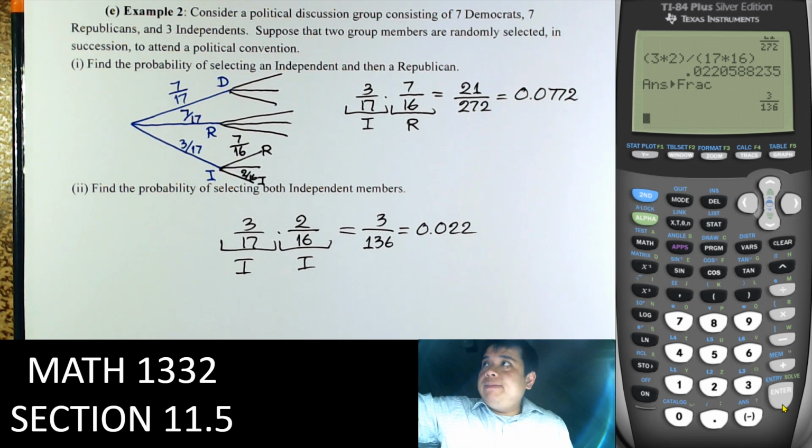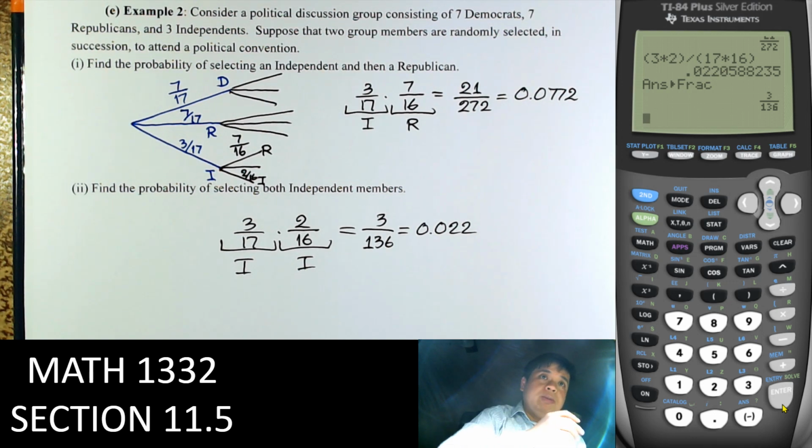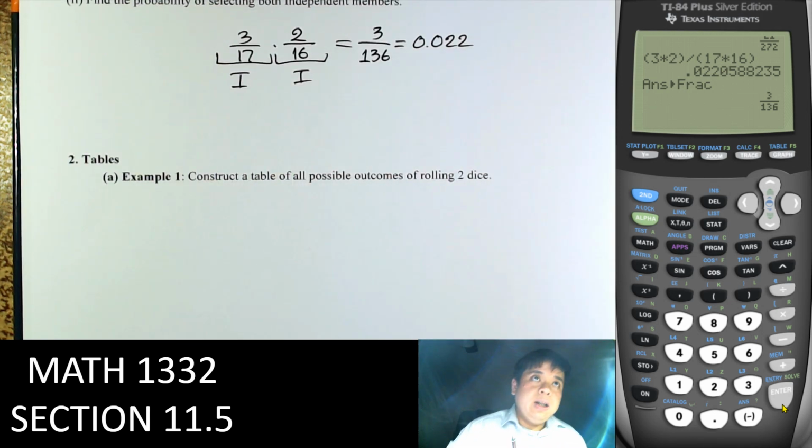So that is a tree diagram. Now we use a table. Construct a table of all possible outcomes of rolling 2 dice. Well, 2 dice. Each die has 6 outcomes.